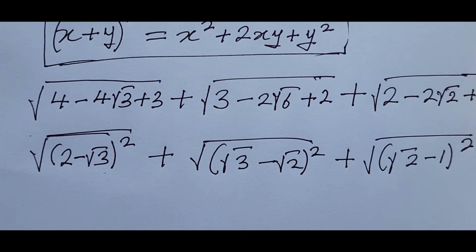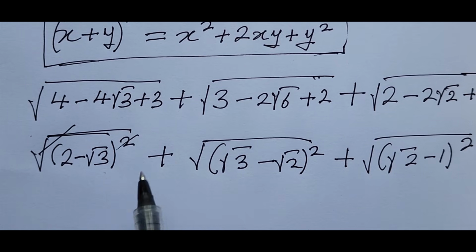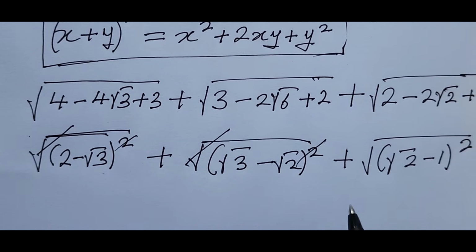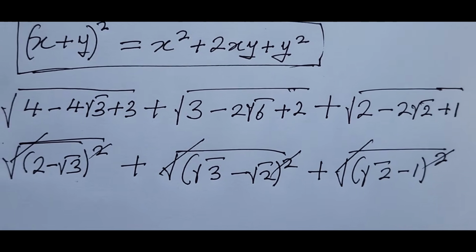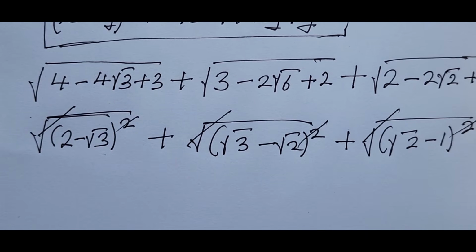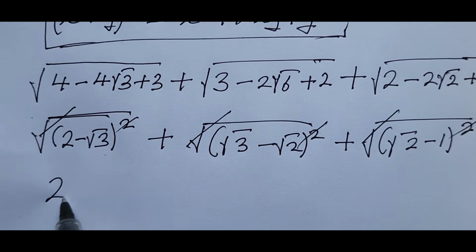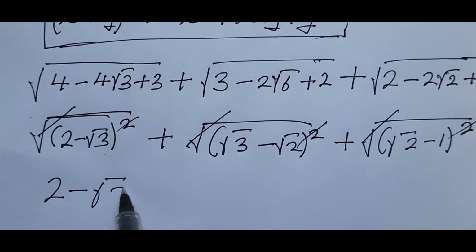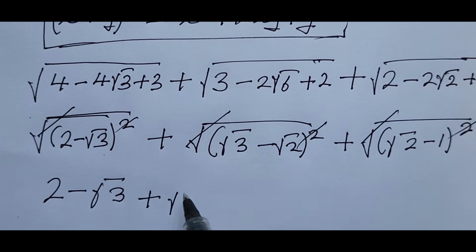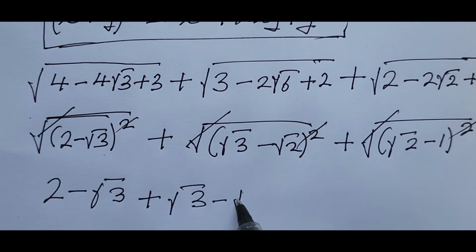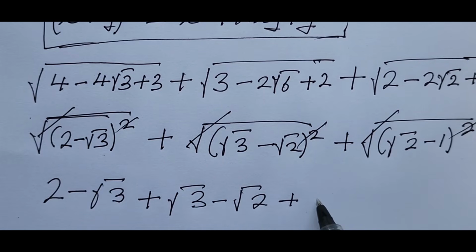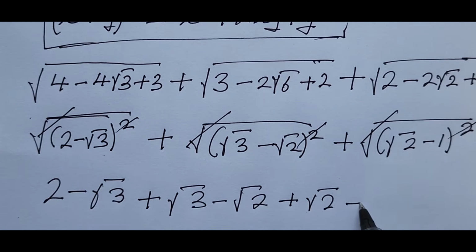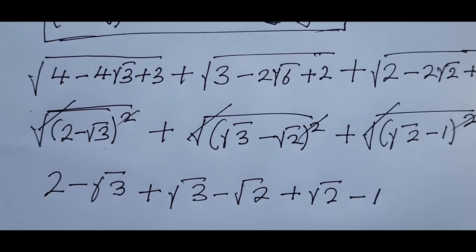Easy. So we've achieved what we want. So what happened? We take care of this, this, and this. So this is now exposed. We now have 2 minus root 3, plus root 3 minus root 2, plus root 2 minus 1. Easy, right?